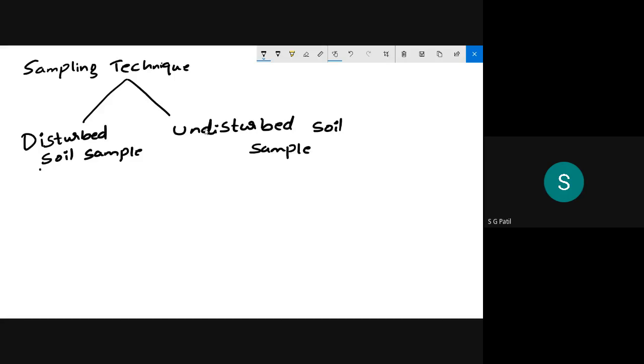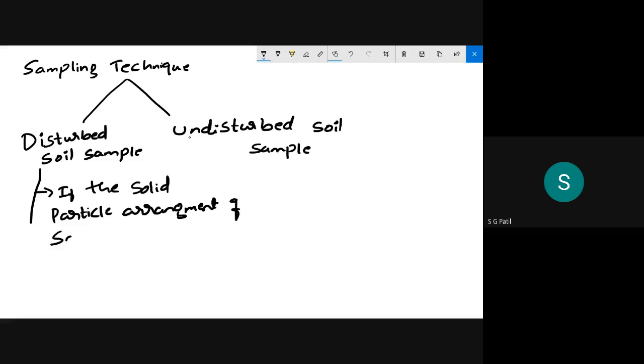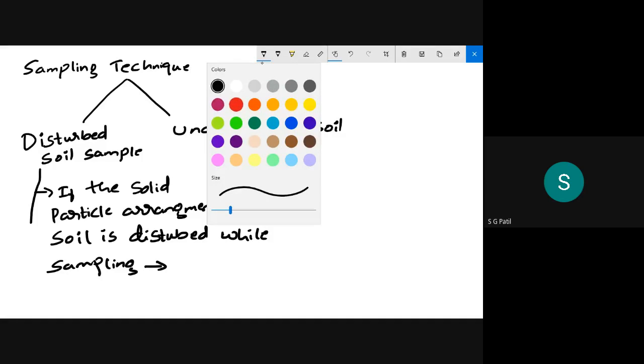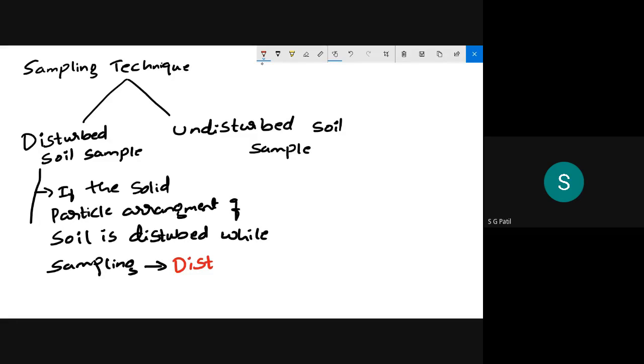You call a sample a disturbed soil sample if the solid particle arrangement of the soil is disturbed while sampling.